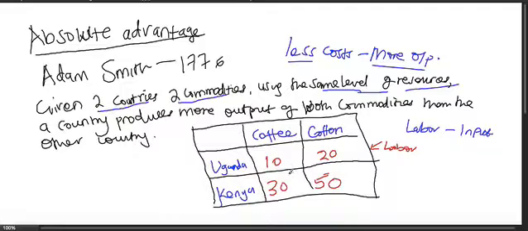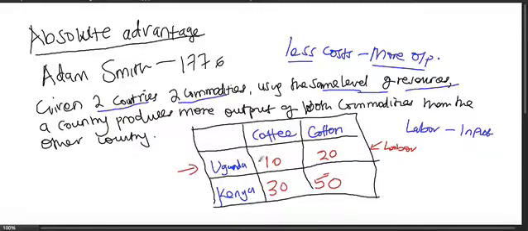So basing on this example, you can see that Uganda uses less costs of production in producing coffee, and it also uses less costs of production in production of cotton than Kenya.